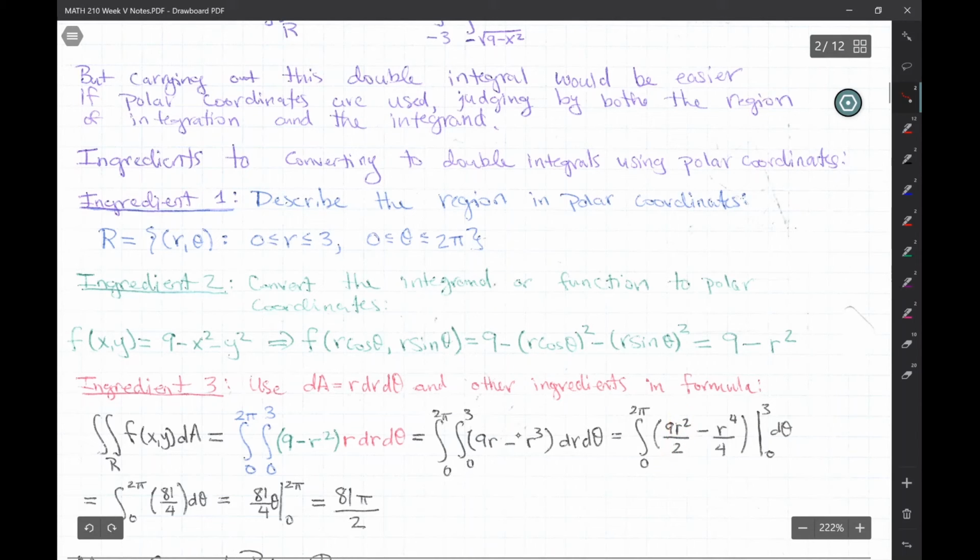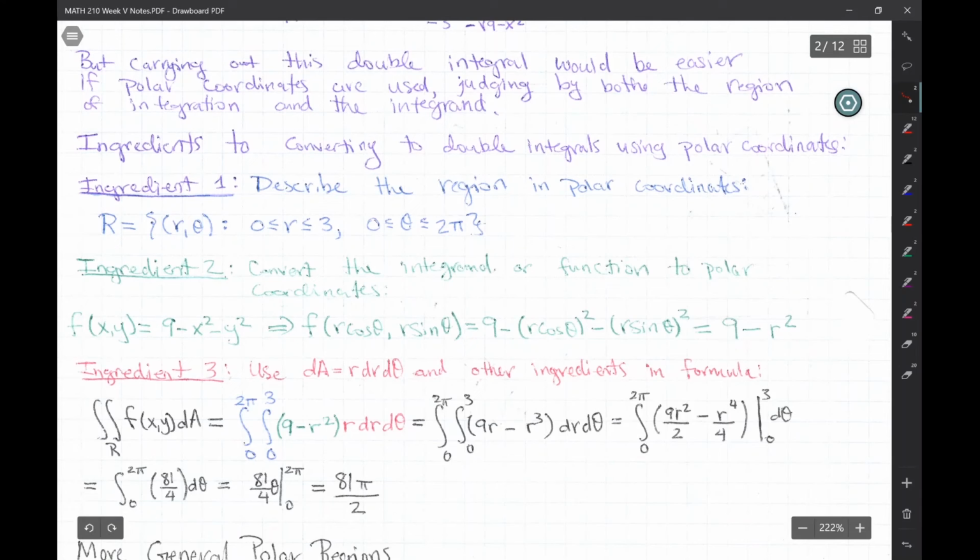And we integrated over r, and our bounds for r is 0 to 3. So we plug in for our r these bounds 0 to 3, and we would be left with this now single integral, and we carry out the computation and get 81 pi over 2.